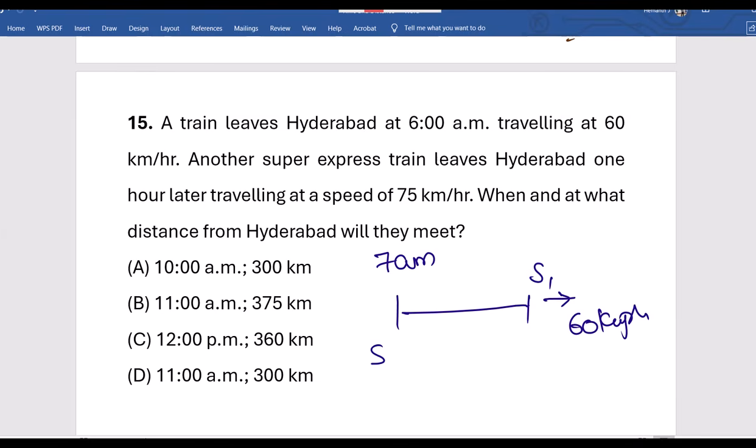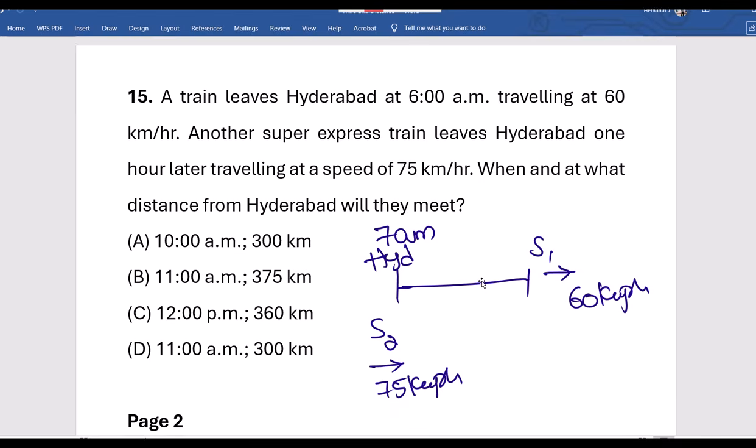The second train is at Hyderabad, at 75 km per hour. Now in this question, is it the same direction or opposite direction? Same direction.